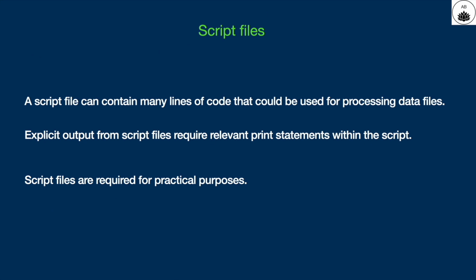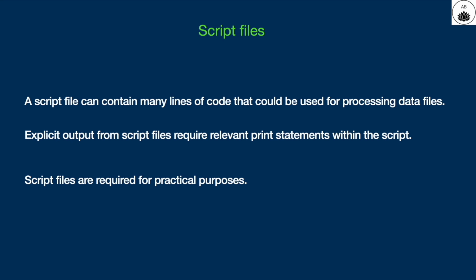A script file can contain many lines of code. As a matter of fact, many blocks of code that could be used for processing data files. So if you recall, print.py, the script file which we were working with, had multiple lines of code. And explicit output from script files require relevant print statements within the script. So again, if you recall that putting 6 plus 9 within the script file was not churning out anything on your screen.